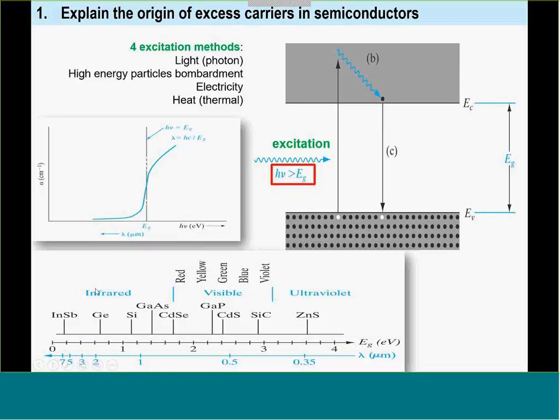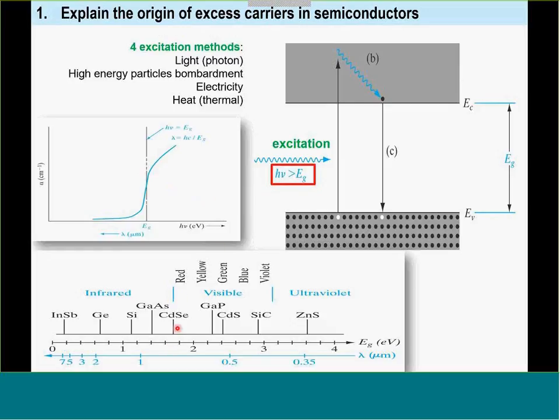You can see here that whenever the energy is around E gap, only then does absorption start to increase. So that's why the incident energy should be greater or equal to the E gap, so that more is going to be absorbed.